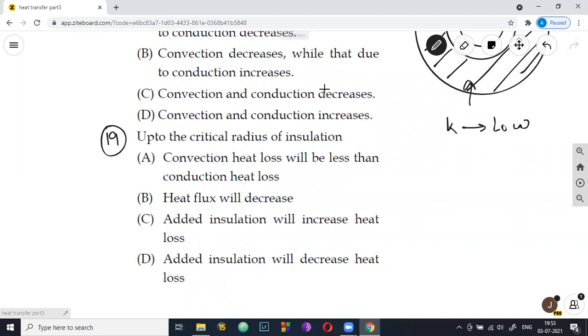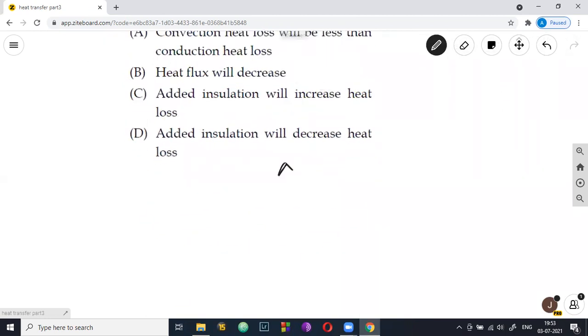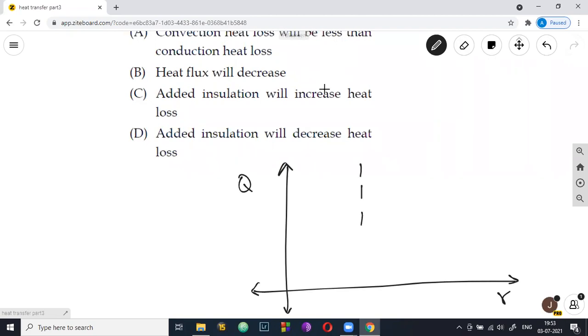Up to critical radius of insulation, what will happen? So for that, to answer this, let me show you a diagram, plot actually. In case of cylinder as well as sphere, this is the plot of Q versus R. Now let's say this vertical line represents your critical radius of insulation.